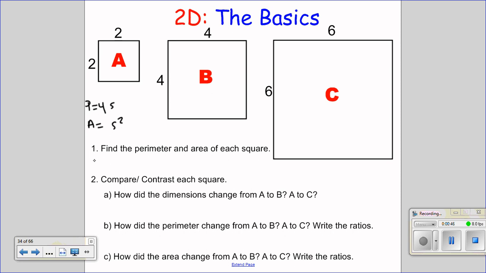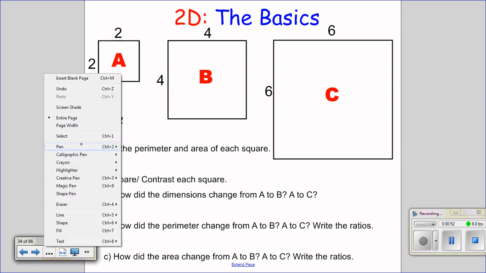So for square A, we're finding the perimeter and the area of that one first.